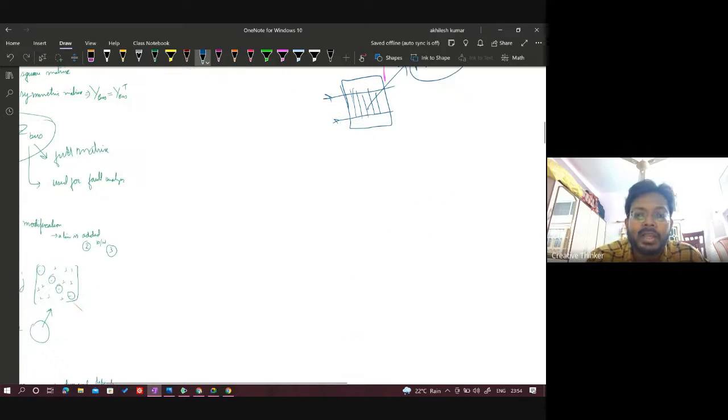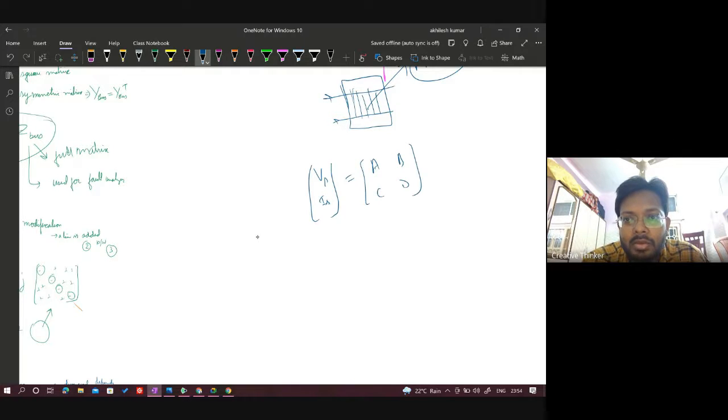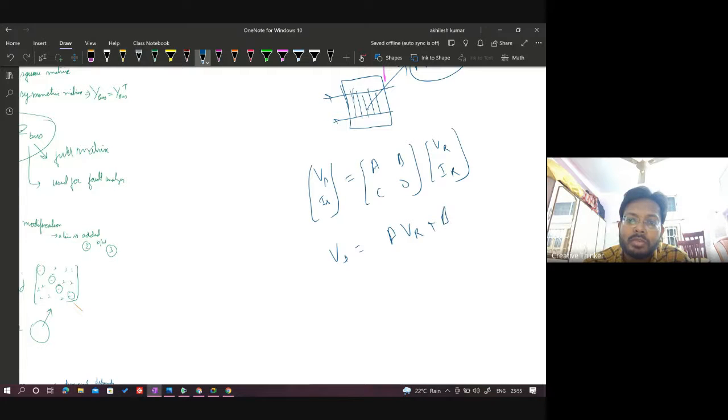So basically, we know [Vs, Is] equals the matrix [A, B, C, D] times [Vr, Ir]. According to the relationship, Vs is related as A into Vr plus B into Ir.